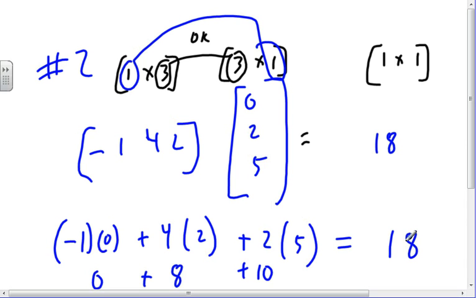And then I could have gone to edit the second matrix B and called it a 3 by 1 and put in a 0, a 2, and a 5.